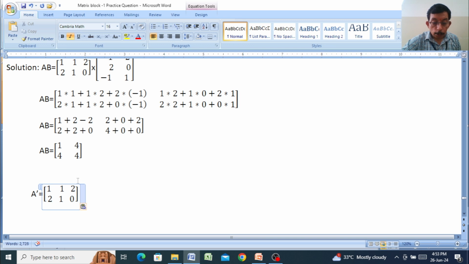And take the transpose of A. The condition of transpose, row and column interchange. And the next step.